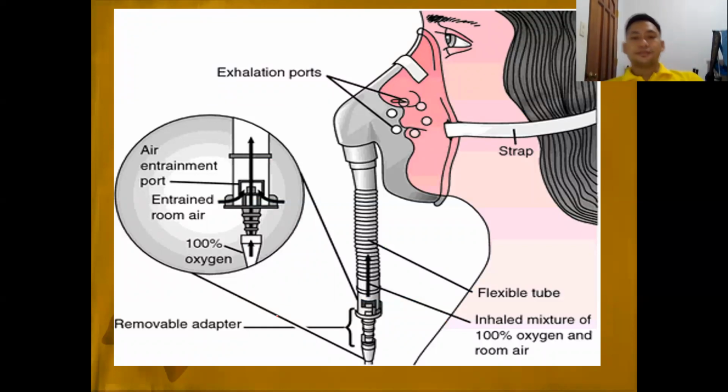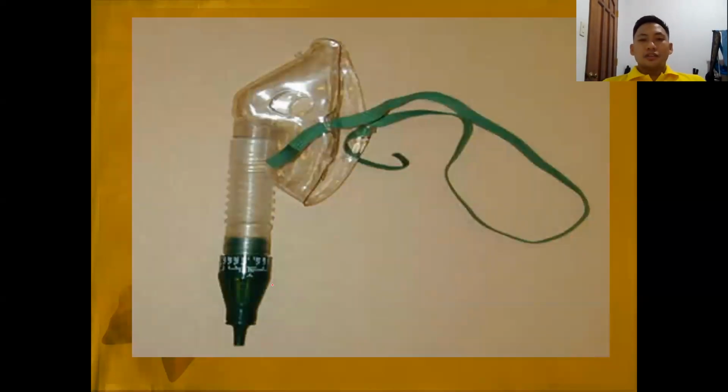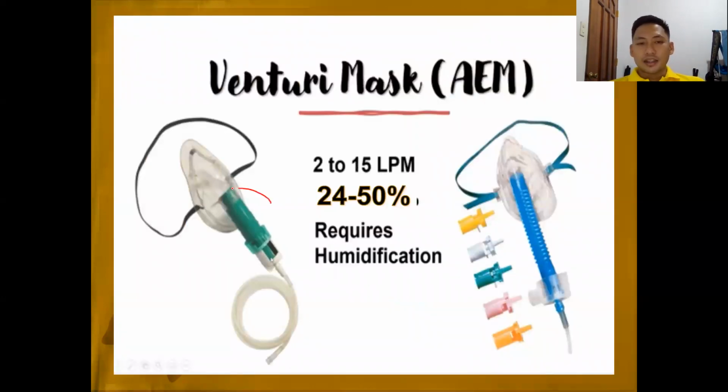Okay? So this is an example of a Venturi adjustment device. Meaning to say, merong iba na isahan na lang na adjustment. Ito, we can adjust it accordingly. And meron dito na adjustable na lang. Isa-set mo na lang siya kung ilang order. 4 liters ba? 5 liters? 6 liters?